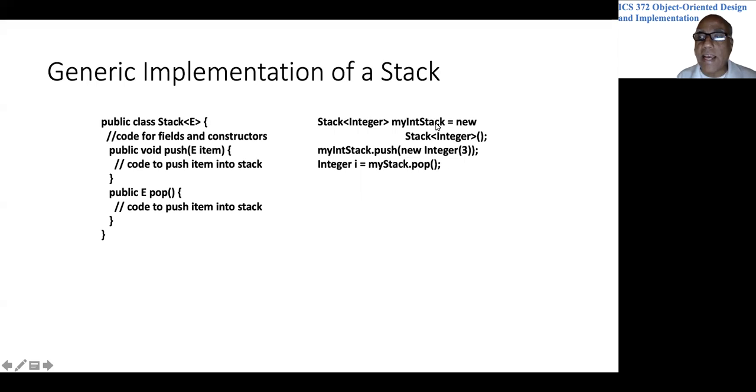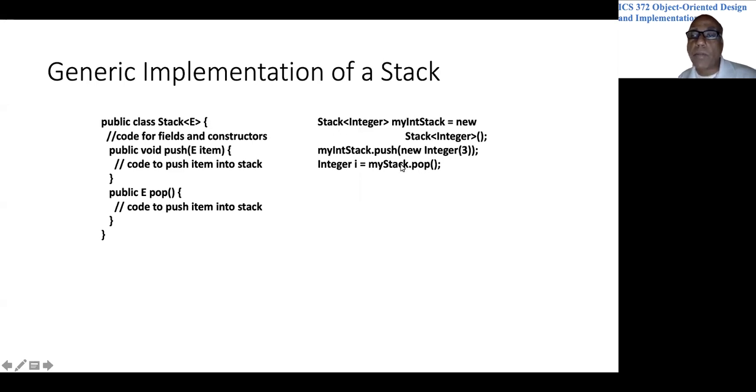My int stack would be a stack in which all E's will be essentially integers. So this E will be an integer, this E will be an integer, and they all come because we wrote Stack Integer in angle brackets. So this E is an integer, and that propagates to all the occurrences of E in this. We'll only be able to push integers into this. We won't be able to create a string and put it into this object.